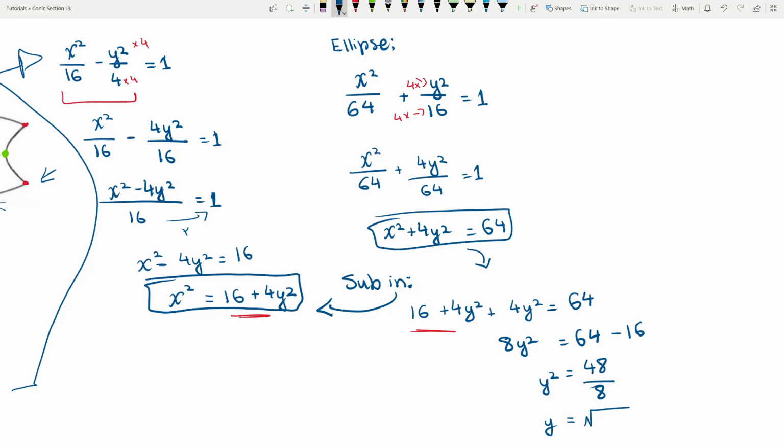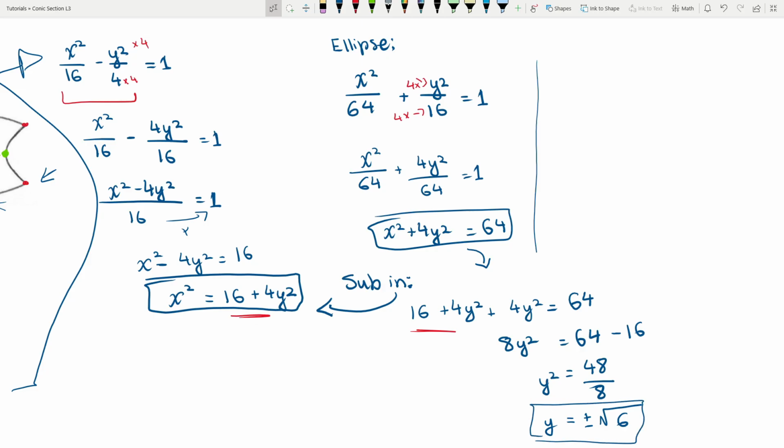The square root of 6 is plus or minus square root of 6. We can just leave it like that. So y is equal to plus or minus square root of 6. So we have what is y.